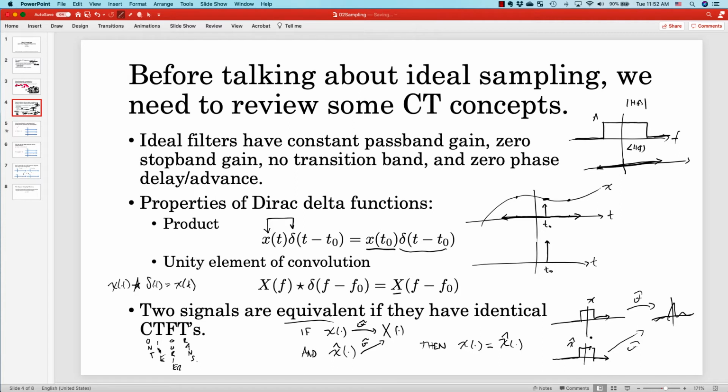That's the technical way: there's no energy in x minus x hat. The energy in here will equal 0. And we say that in engineering, if the difference of two signals has no energy, then they are equivalent. As far as you're concerned, it's okay to say x and x hat are equal. In fact, that's what I'd like you to think: if two signals have the same continuous time Fourier transform, then they are, for all intents and purposes, the same signal.